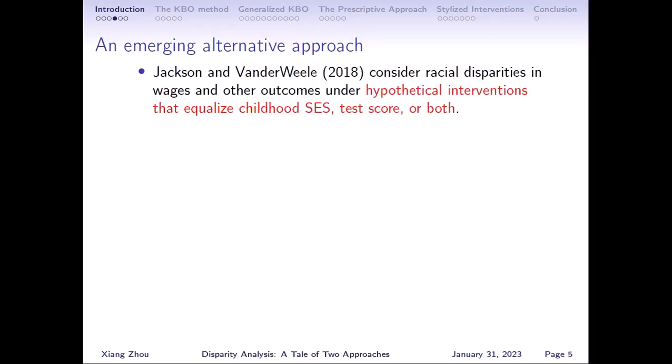One early attempt was made by Jackson and VanderWeele, who wrote basically a methods paper in epidemiology in which they considered racial disparities in wages and other outcomes under hypothetical interventions that equalize childhood SES, equalize test scores as a proxy for educational attainment, or both. So they made some insightful discussions about the underlying estimate for different hypothetical interventions.